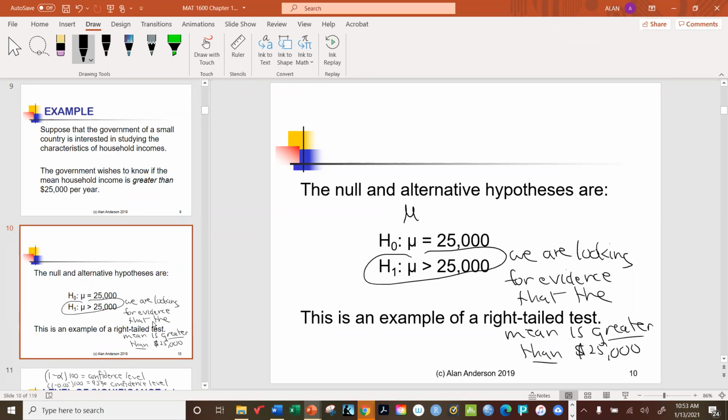So in other words, some textbooks write it like this. Others just use the equality with the understanding that it includes everything that is not in the alternative hypothesis. So we'll stick with that convention, equal or something different. So this is an example of how you would choose the alternative hypothesis. We chose the right tail test because we're looking for evidence that the mean is above 25,000. Some action that we are thinking about taking depends on whether or not the mean is above 25,000.